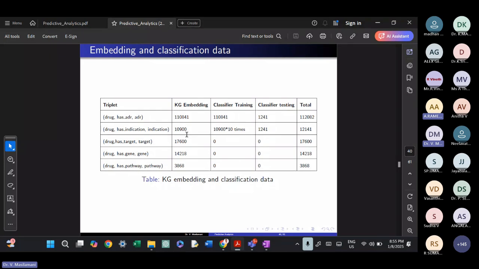Each one should be embedded, meaning you need to have the feature vector for each kind. For every occurrence of this one feature vector, these are all number of feature vectors, and the classifier was trained using this many. And for testing, we took a separate number of drug ADR pairs, and similarly for training, in this case this many, and testing this many, and so on.